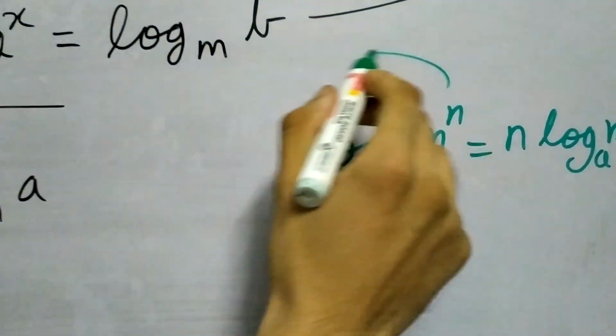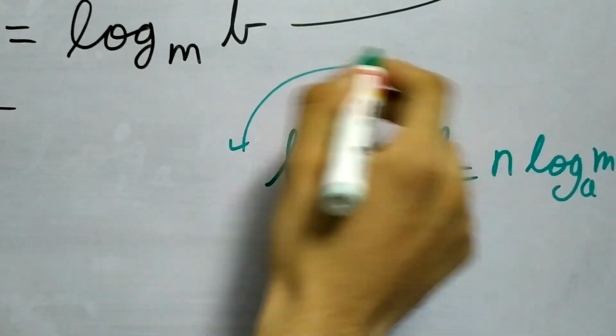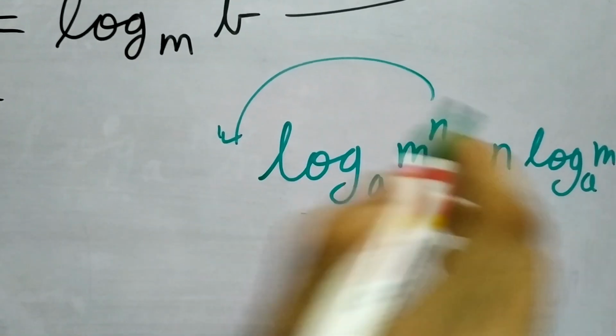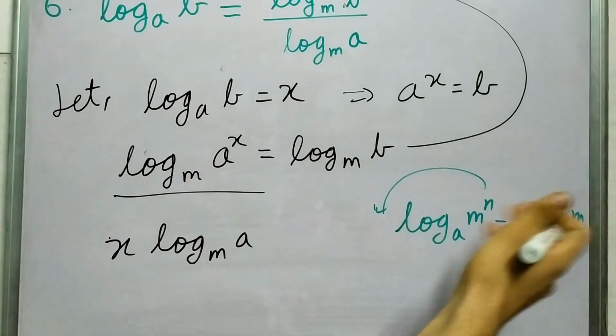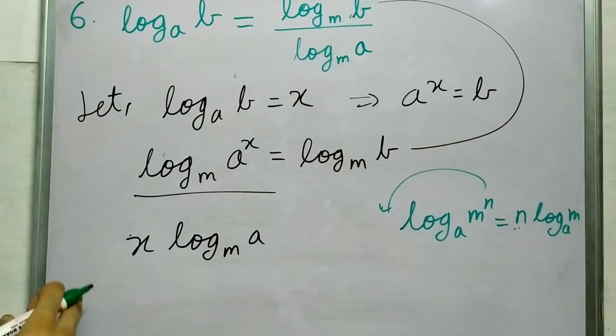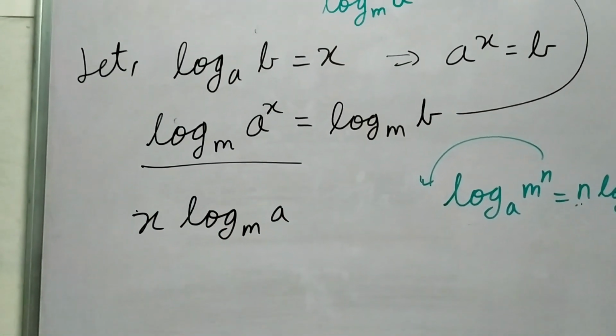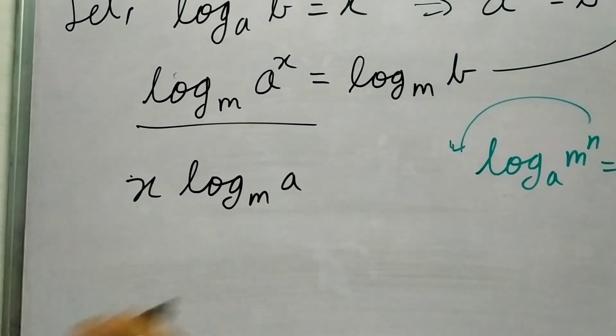It just pulls the power out. If you have anything in the power, log just pulls it out. It's the same thing, just the variables changed. We had a to the x and log base m pulled it out, so x is now multiplied with log base m of a.